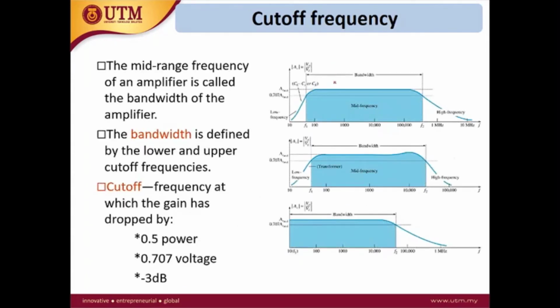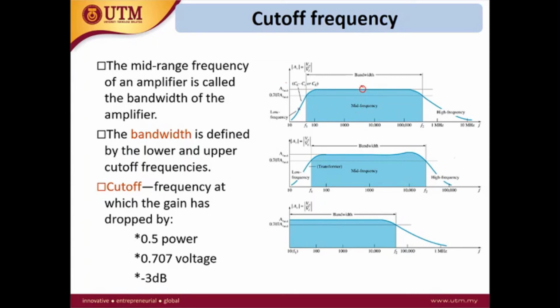You may notice that at the middle region, we have a quite stable and the highest gain. This is the highest gain, and this is what we call the mid band or mid frequency. In the previous week, we were calculating the value at the mid band.